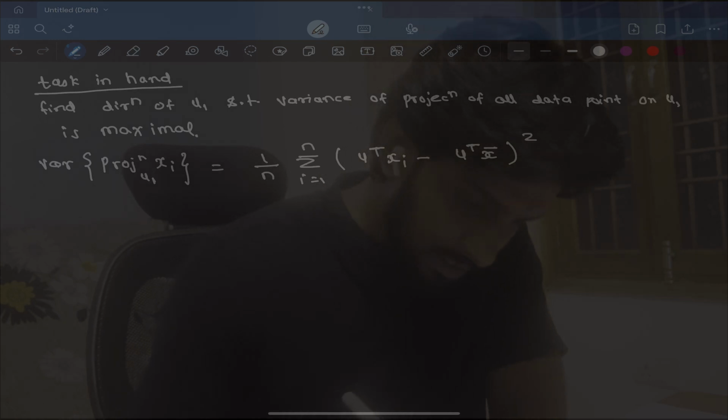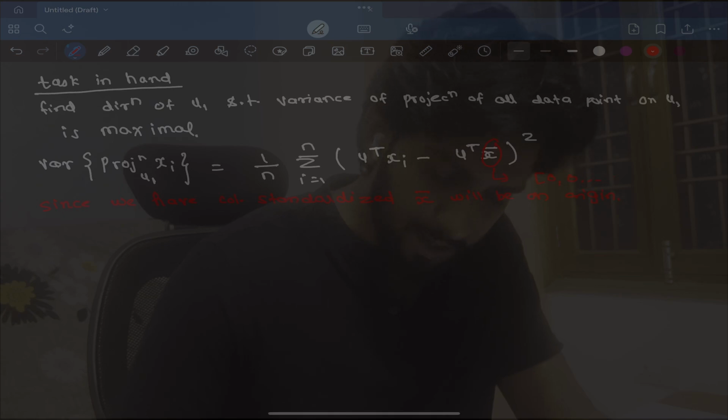Now since we have assumed column standardized data, x bar will be on the origin, so this term will be a vector of zeros.